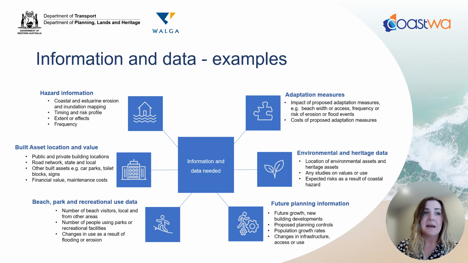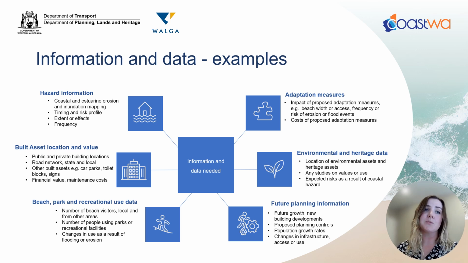You'll need some built asset locations and values: where are your public and private buildings located, where's your road network, are roads state or local that are going to be affected, other council built assets, car parks, toilet blocks, signs, and things like that. And then you'll need your financial value and maintenance costs for those preferably.